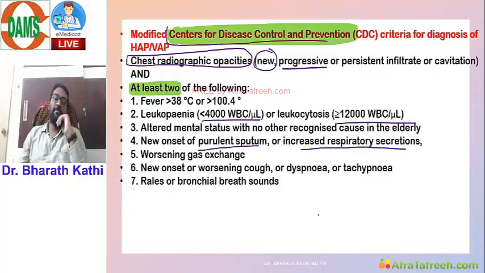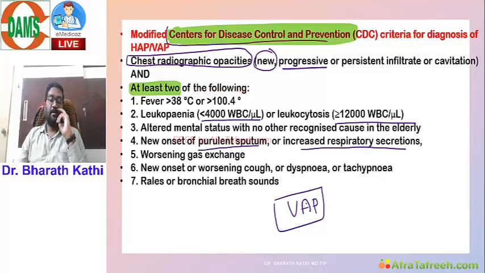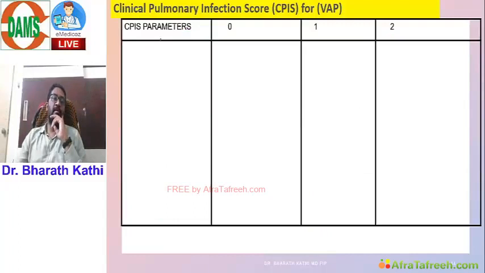Apart from this, especially for ventilator associated pneumonia, there is something called CPIS, Clinical Pulmonary Infection Score. The majority of ICUs use this scoring system for assessing ventilator associated pneumonia. So this is called CPIS, Clinical Pulmonary Infection Score, and it is specifically used for ventilator associated pneumonia.